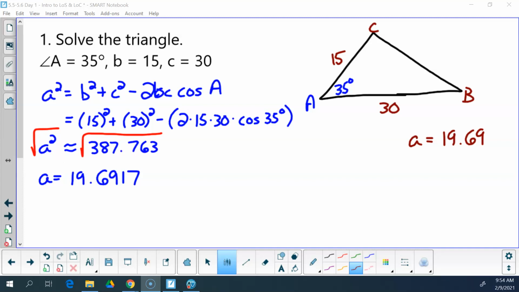Once you use the law of cosines once, you don't have to use it again. Okay? You only got to use the law of cosines once because now you have a complete fraction.